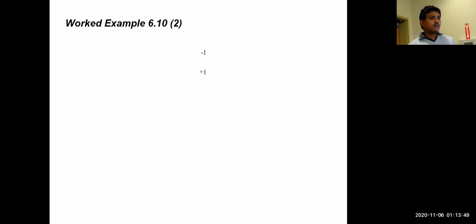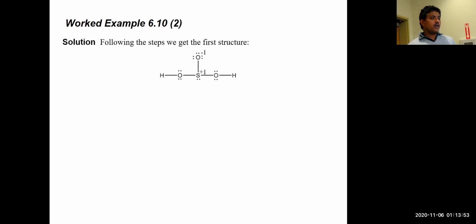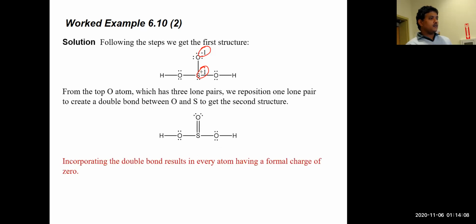When you rearrange the remaining electrons, you would end up with either this structure, where you have formal charges of -1 and +1 and sulfur has 8 electrons, or the other one, where sulfur and every atom has 0 formal charge. On the top molecule, we got charges. That's what the question is asking.